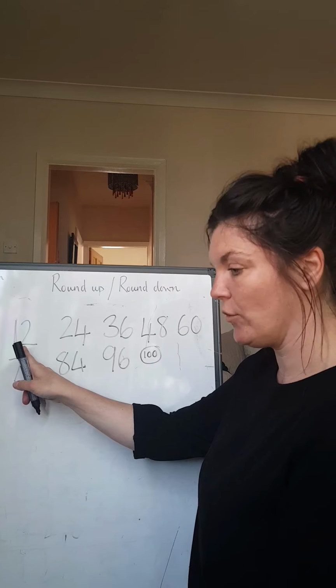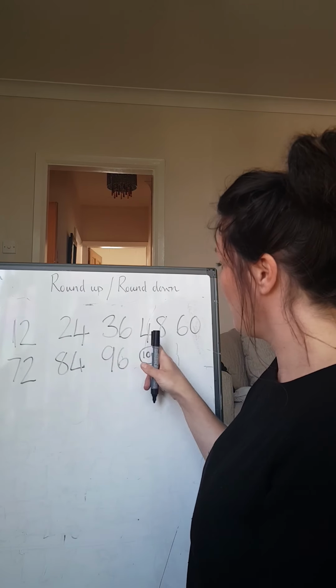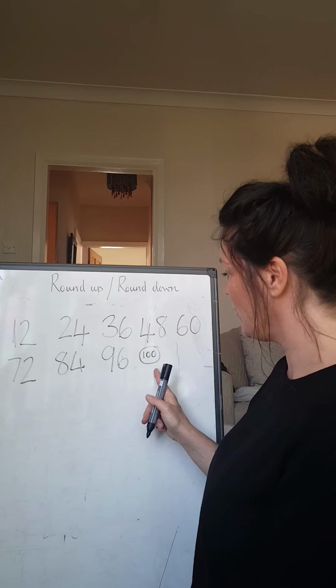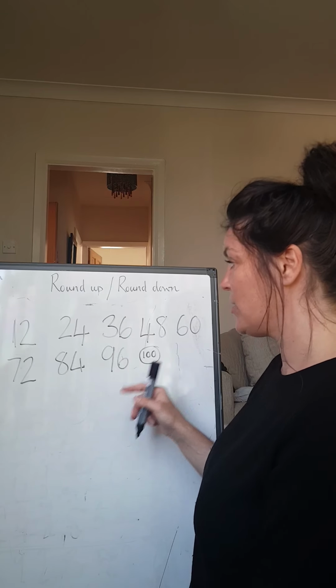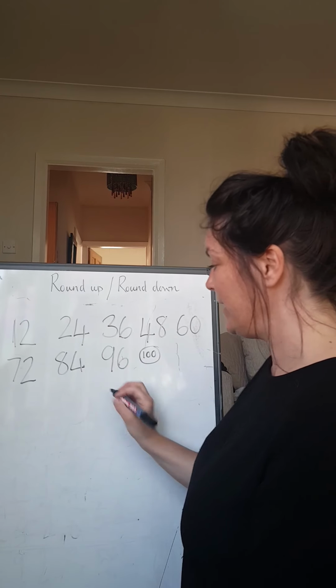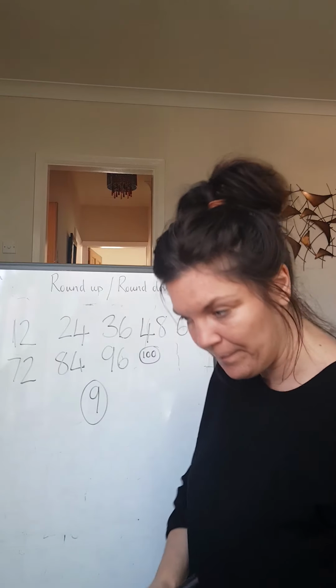So there's 1 full crate, 2 full crates, 3, 4, 5, 6, 7, 8 full crates. But I have 100 bottles, so I would need an extra crate for those 4 bottles there. So I would need 1, 2, 3, 4, 5, 6, 7, 8. I would need 9 crates altogether to fit my 100 bottles in.